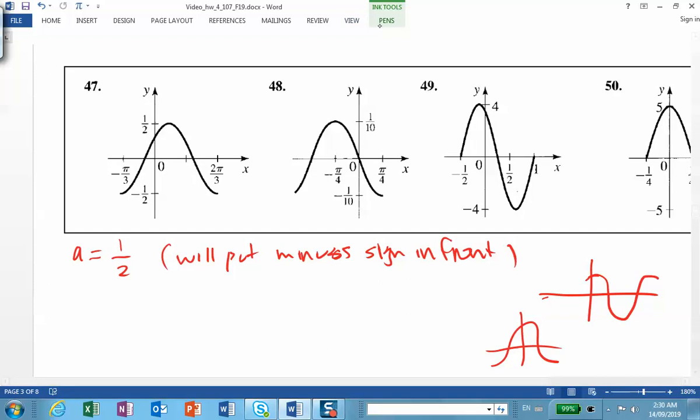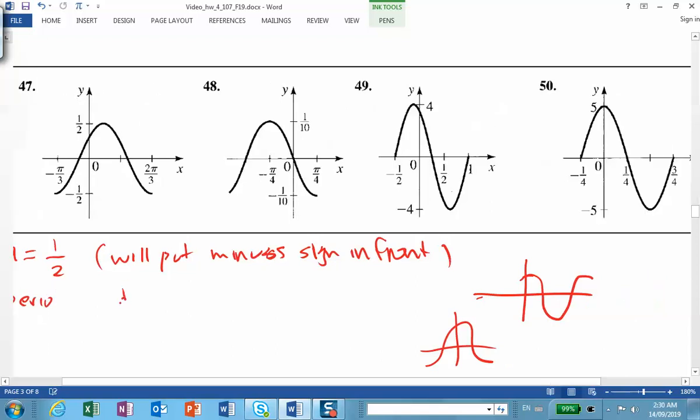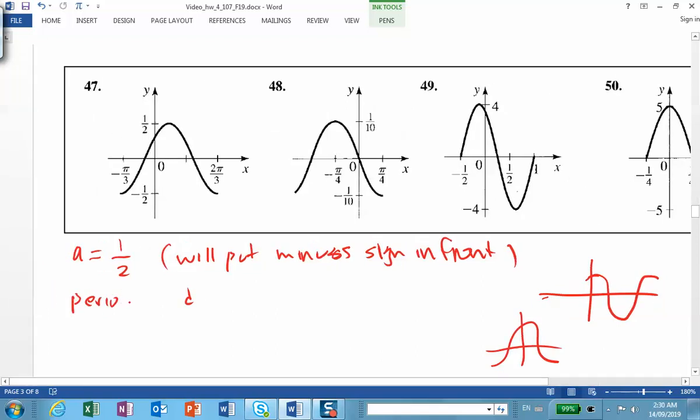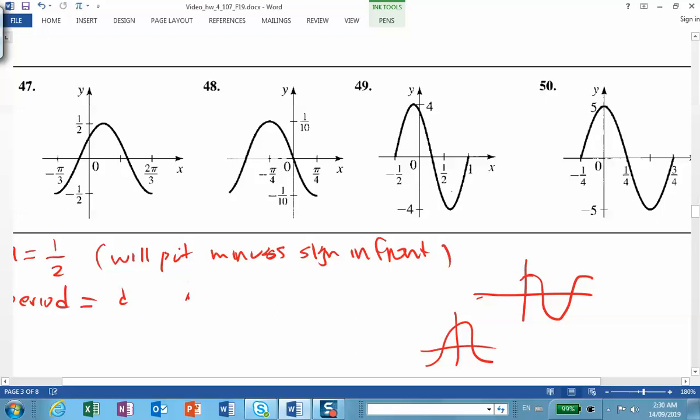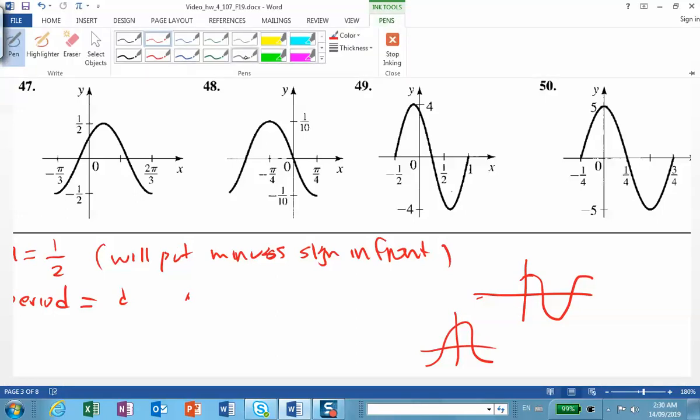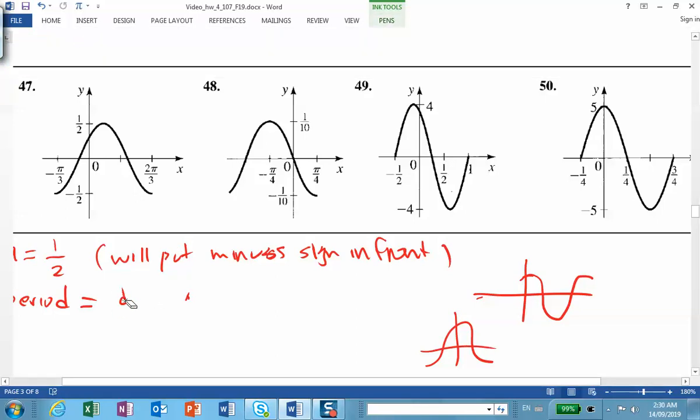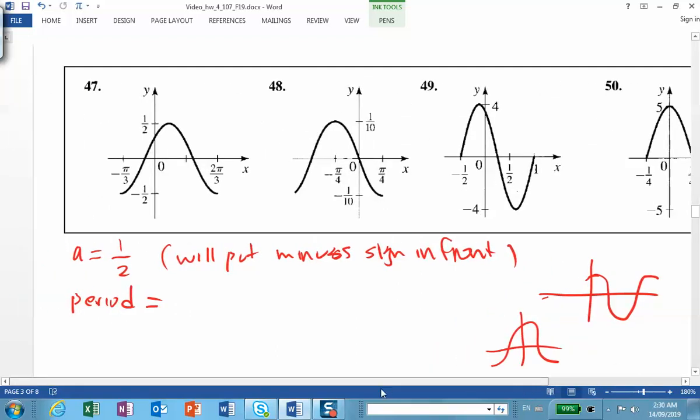Okay, so period. You just look at it. The easiest way to do these things is the end point minus the beginning point will give you the period. So period is equal to the end point, 2 pi over 3, minus the beginning point, minus pi over 3, and this is going to be pi.